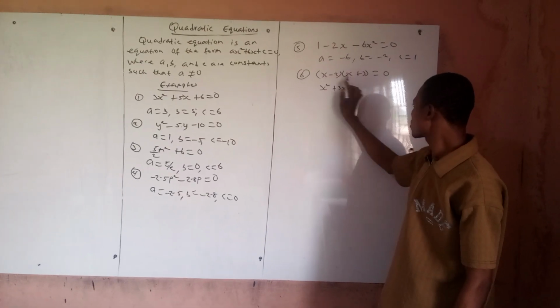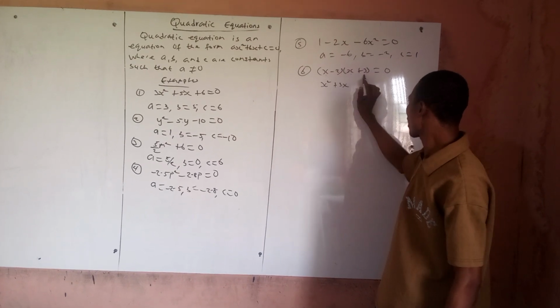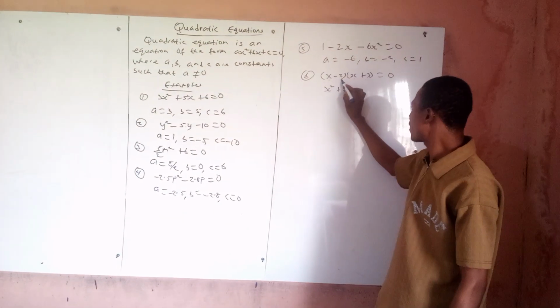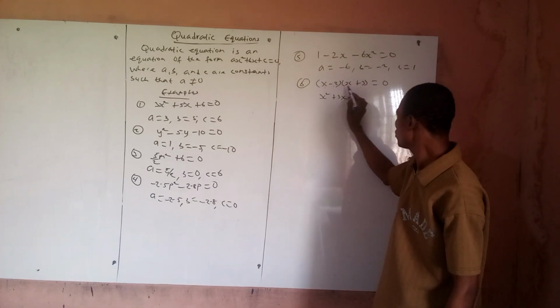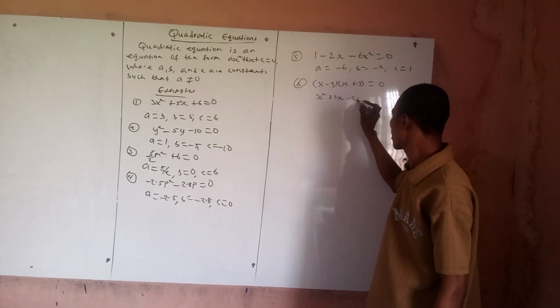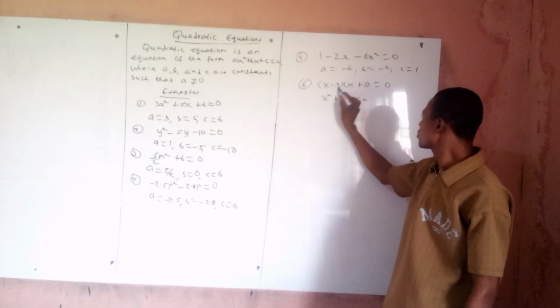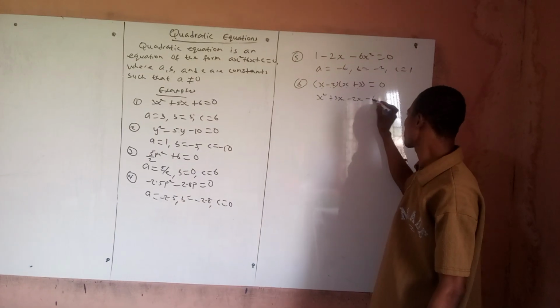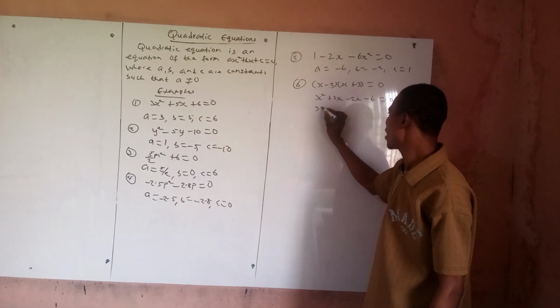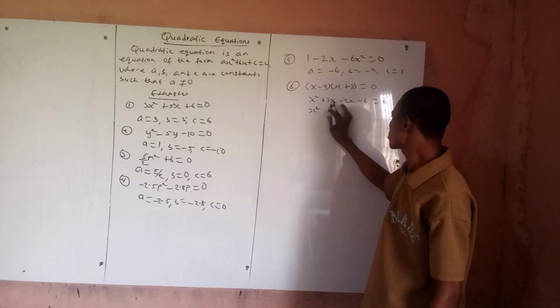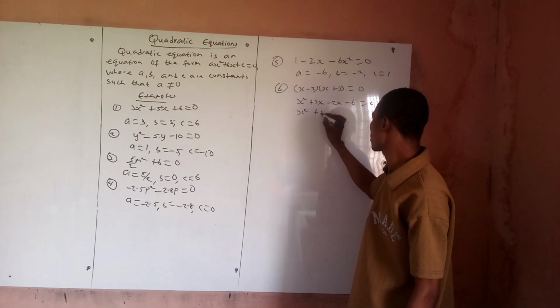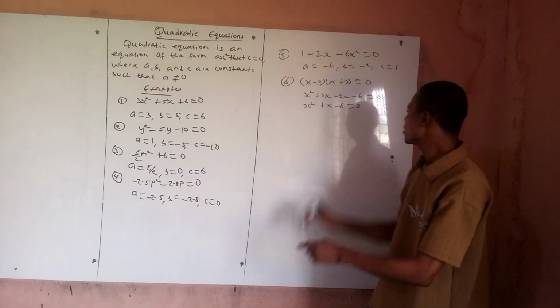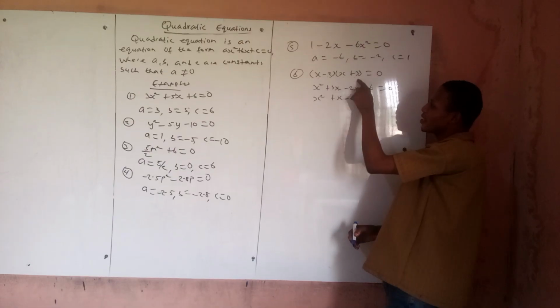Then use minus 2 to multiply everything: minus 2 times x is minus 2x, and minus 2 times plus 3 is minus 6. So we have x squared plus 3x minus 2x minus 6 equals 0, which is x squared plus x minus 6 equals 0.